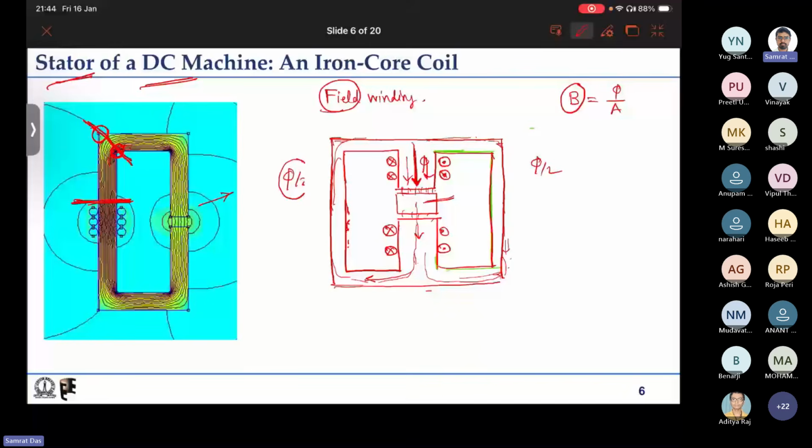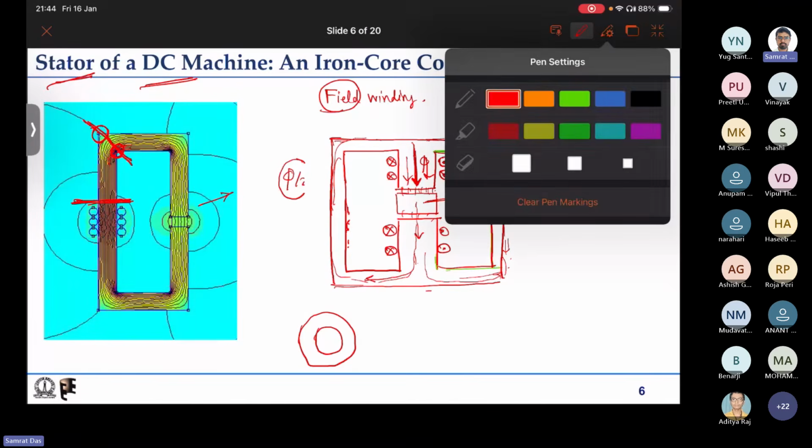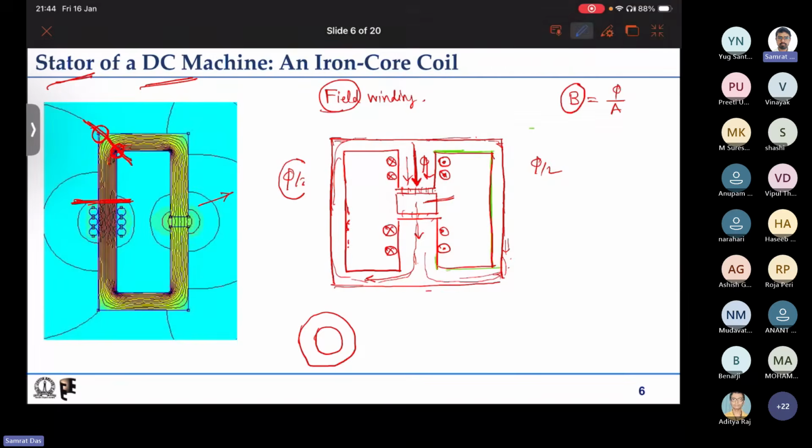So we can change the outer shell that we have for flux path completion in a circular manner, so that the flux lines are almost uniform in that region, and I'll simply draw it.